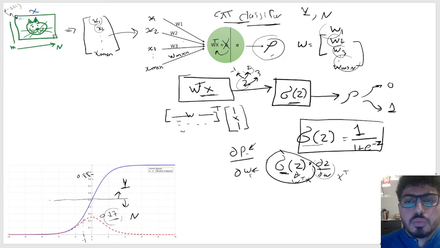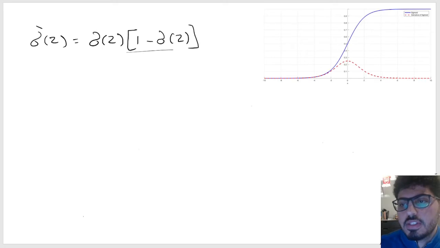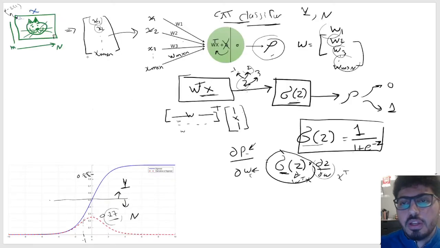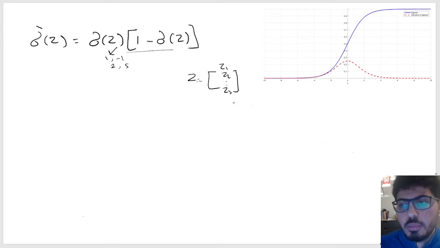Okay, so what if Z is not simply a scalar value like 1, minus 1, 2, 5. What if Z is a vector? Z1, Z2, Z3. When will that happen? Well, in our previous example, we were explaining the case where we have just one image, but what if we have a mini batch of images?